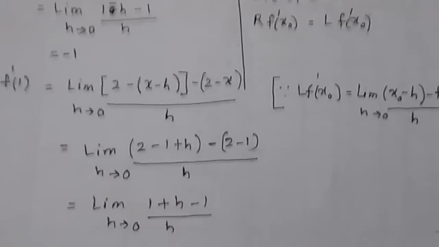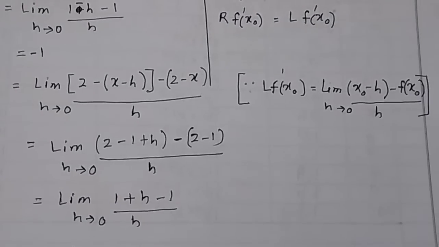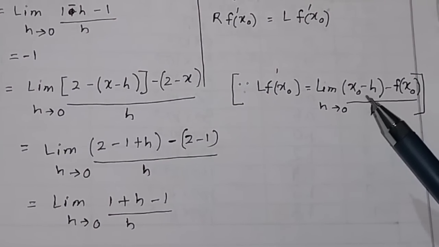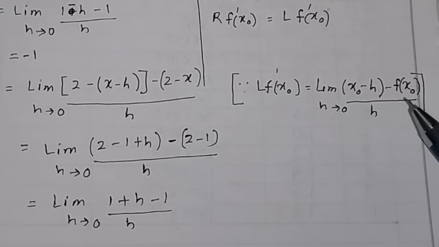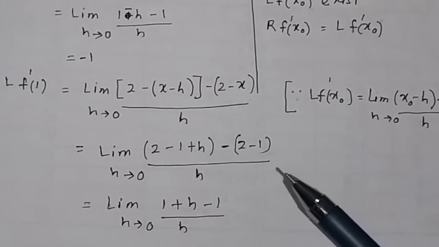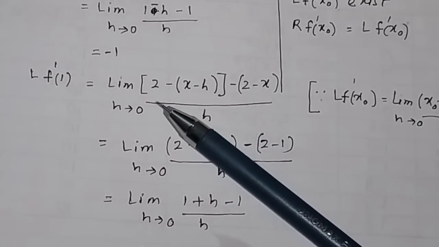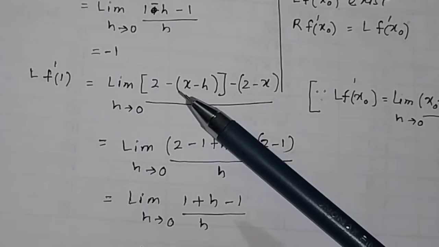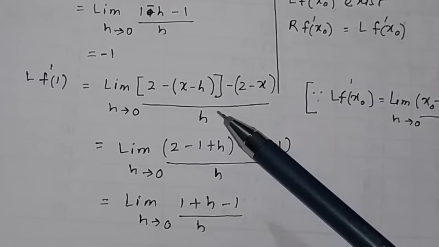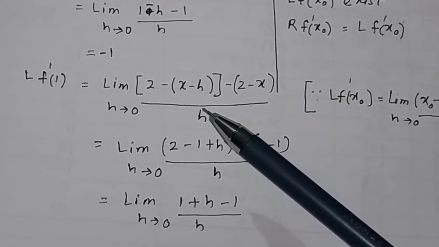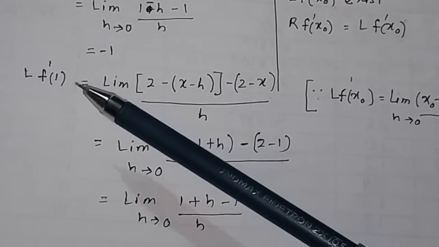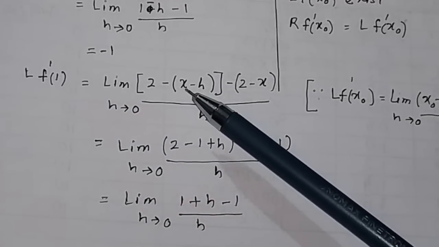Now let us check the left hand derivative. For the left hand derivative, we use this formula: limit of f(x0 minus h) minus f(x0), divided by h, as h approaches 0. So the left hand derivative is limit of 2 minus (x minus h) minus (2 minus x), divided by h, because you are taking the function 2 minus x, and at x equal to 1 you put the value of x equal to 1.